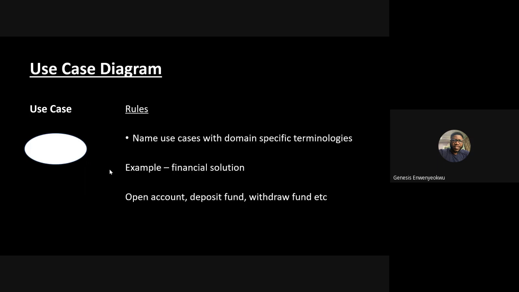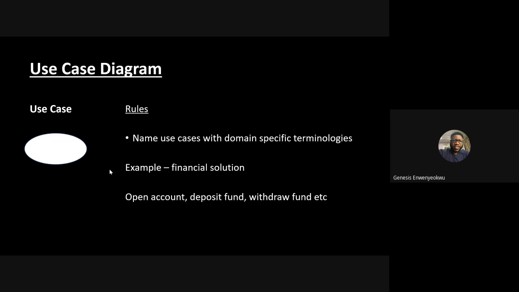Also, you need to ensure that your use case has domain-specific terminologies. What I mean by this is, if you are drawing a UML use case diagram for a financial solution, you should ensure that the terminologies you're using relate to that particular financial solution or to financial services. Like open account.